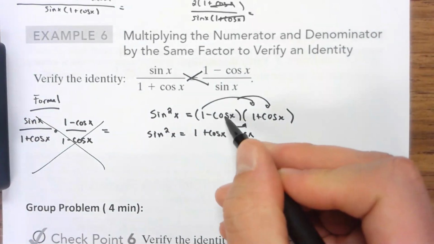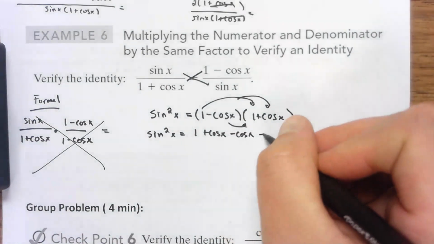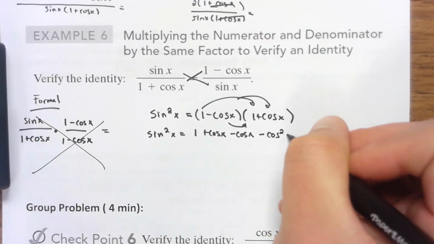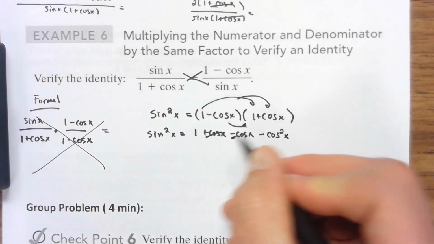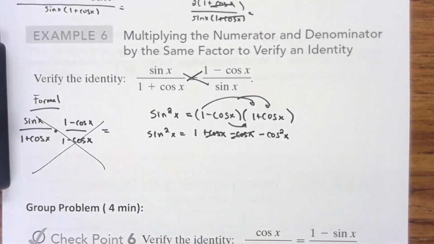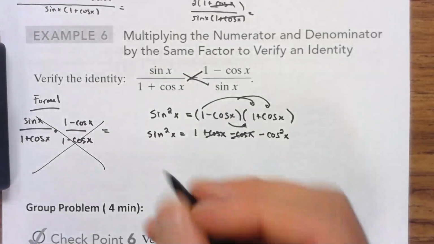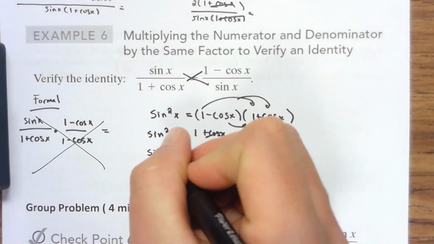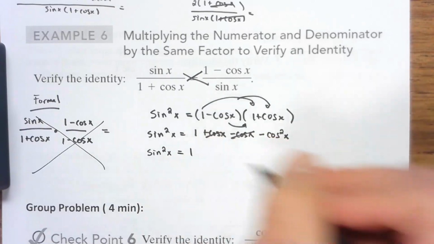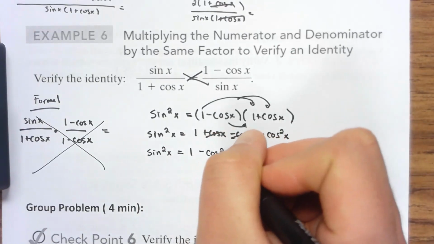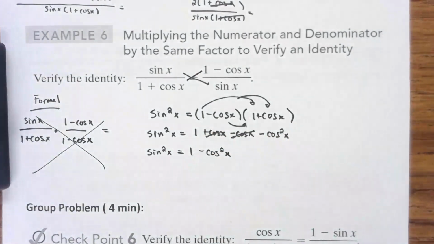Okay? And then negative cosine times positive cosine is negative cosine squared of x. Conjugate pairs is what gets rid of just that regular cosine of x, leaving us with sine squared of x equals 1 minus cosine squared of x.